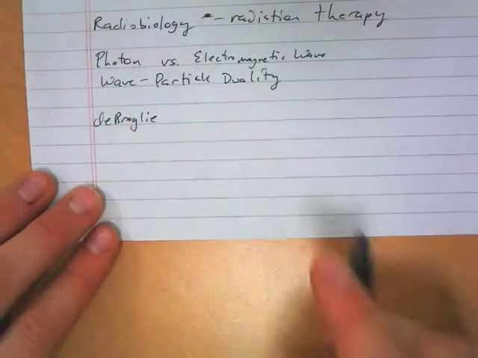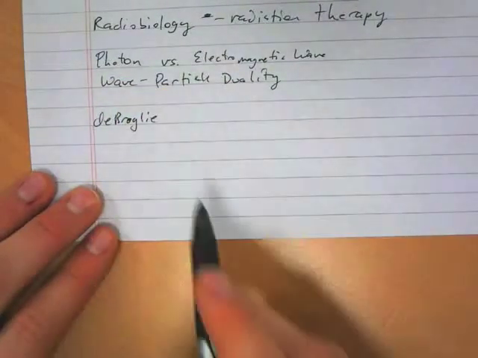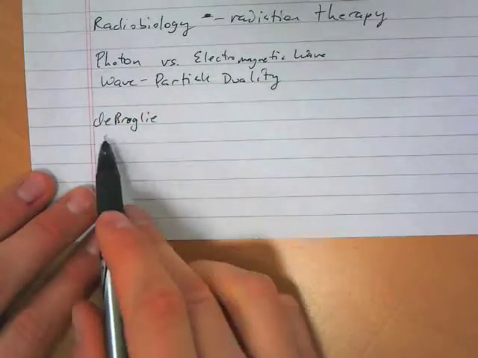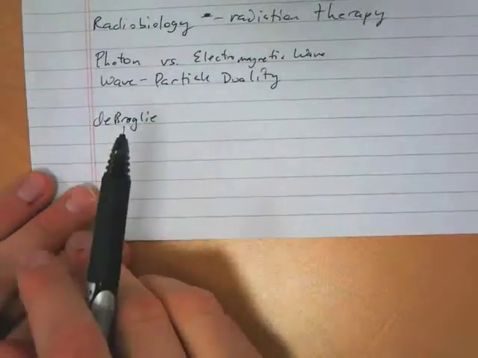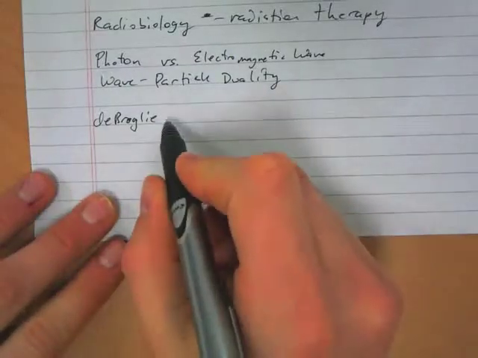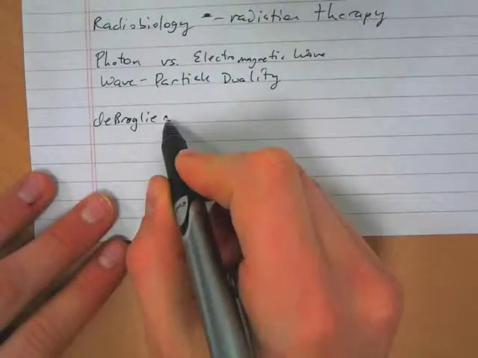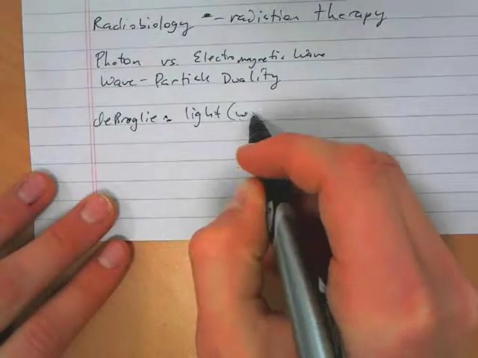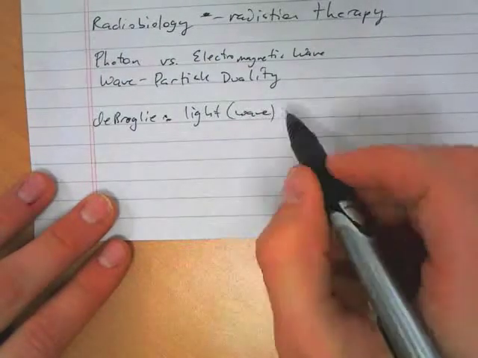This guy named de Broglie came up with an idea. De Broglie said, hey, light, which we've traditionally thought of as a wave, acts like a particle.